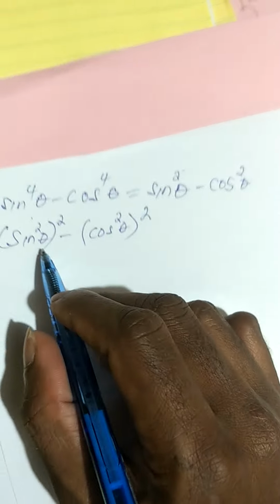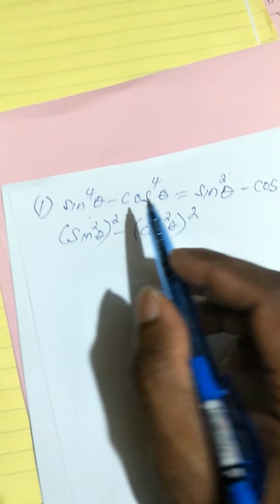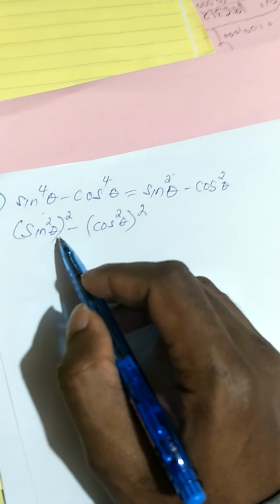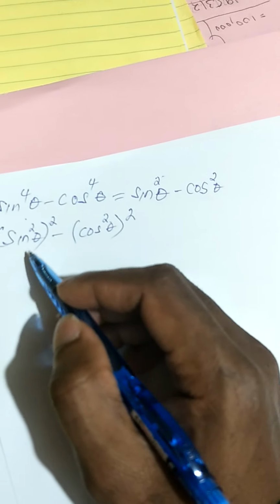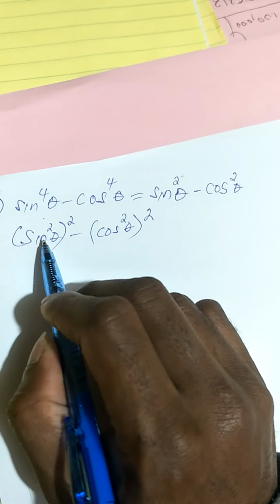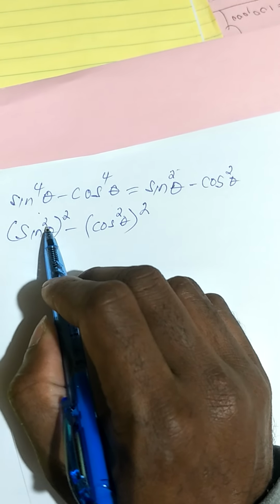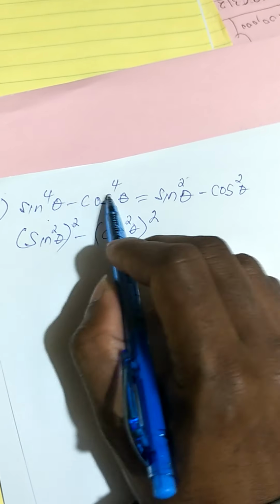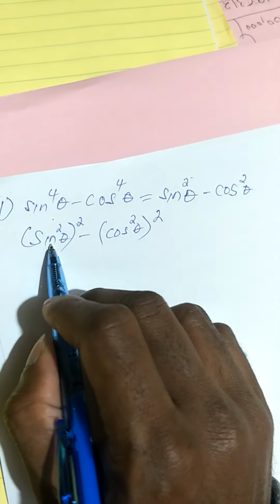Okay, let me explain this. Why am I applying this according to the algebra rule? As you can see, I simplified this 2 and this 2.